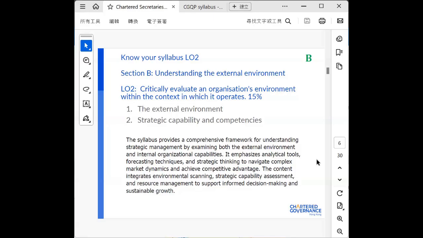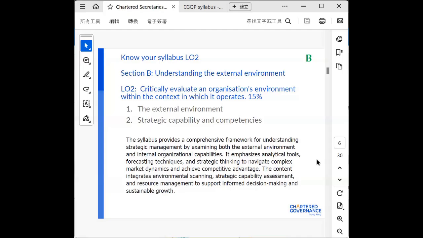This part of the syllabus provides you with a framework for understanding strategic management by examining both the external environment and the internal organization capabilities. There are various tools that you could use, the forecasting tools.